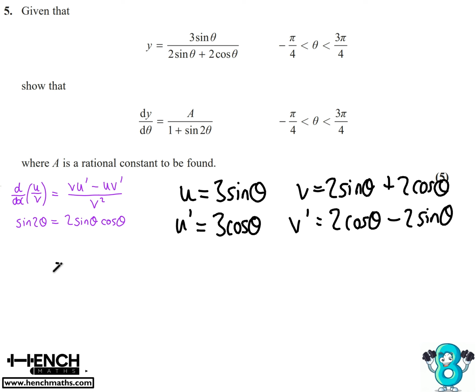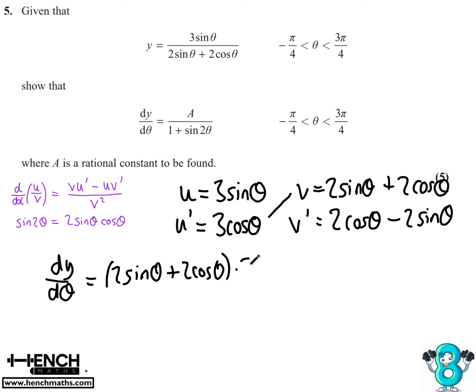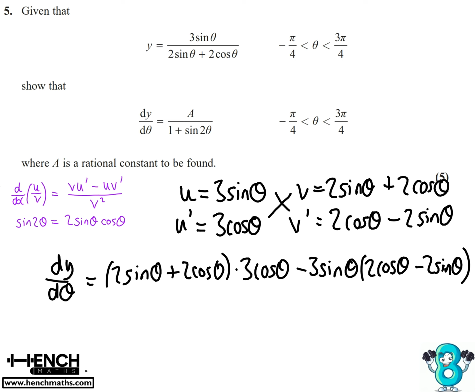So dy by d theta is going to be equal to v multiplied by u dash, so those two, so open bracket 2 sine theta plus 2 cos theta multiplied by 3 cos theta. Subtract u v dash, so those two times together, all divided by v squared.